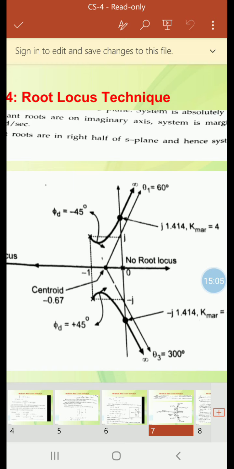At k equal to plus 4, which is the marginal value, the dominant roots are on the imaginary axis, so the system is marginally stable, oscillating at 1.414 radians per second. For k greater than 4, when the marginal value is crossed, the roots move to the right half of the s plane. So for k greater than 4, the dominant roots are in the right half of the s plane. Hence the system becomes unstable in nature.